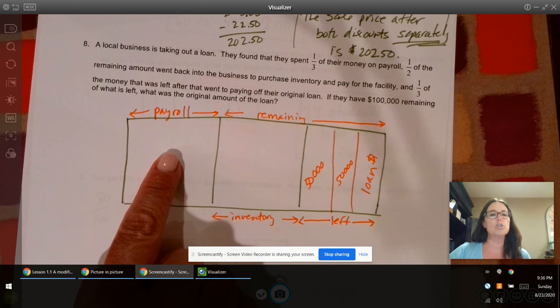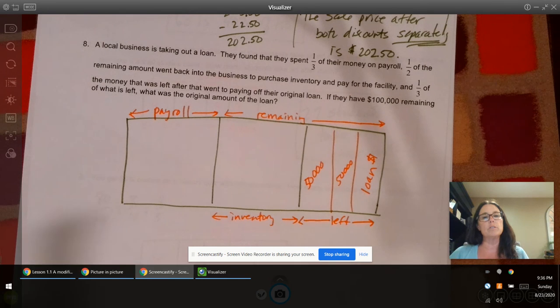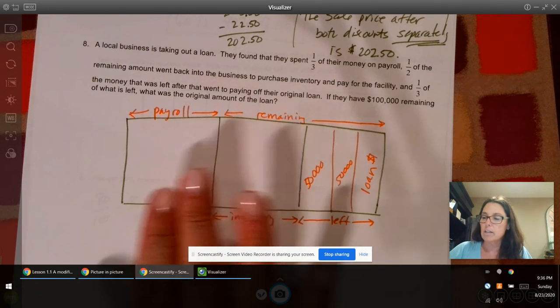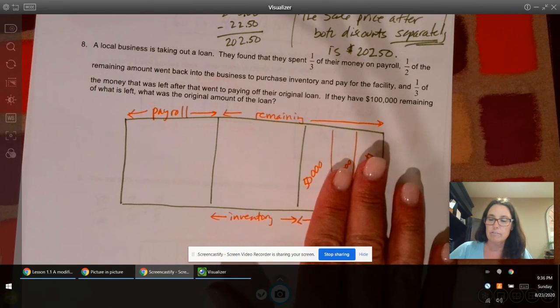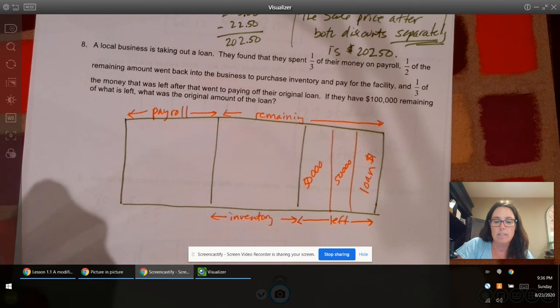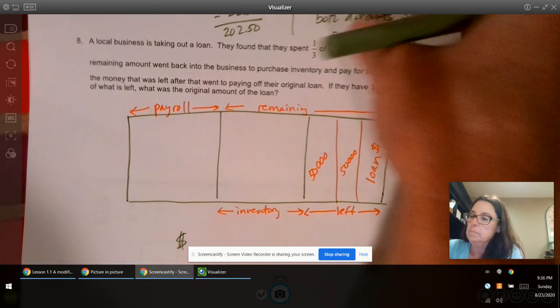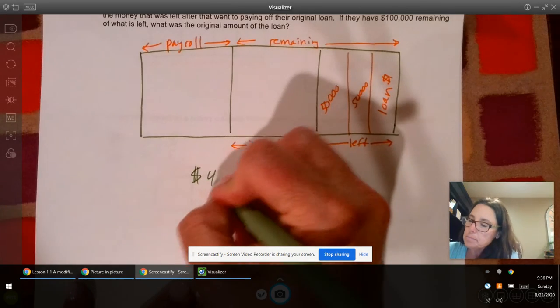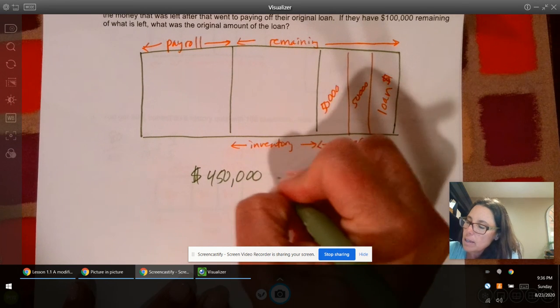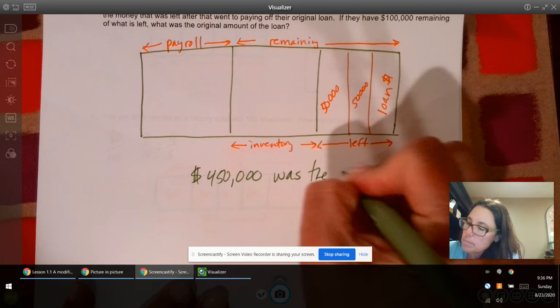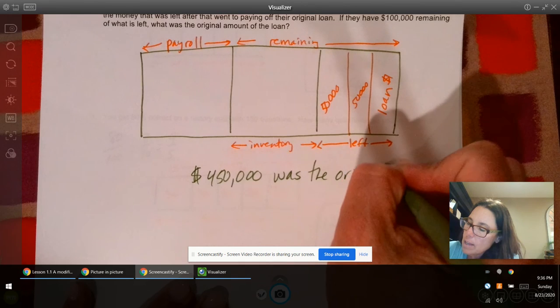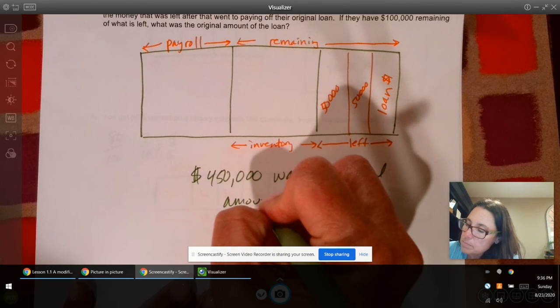How much was the original amount of the loan, the whole thing? 150, 150, 150. $450,000 was the original amount of the loan.